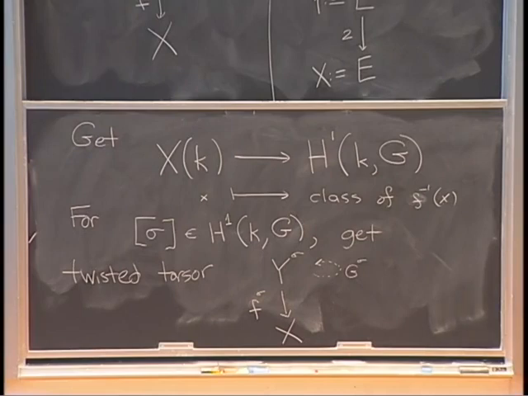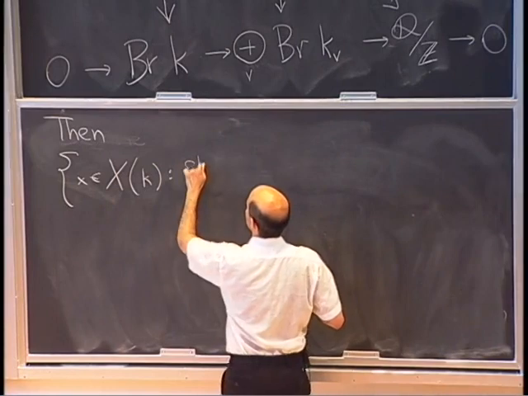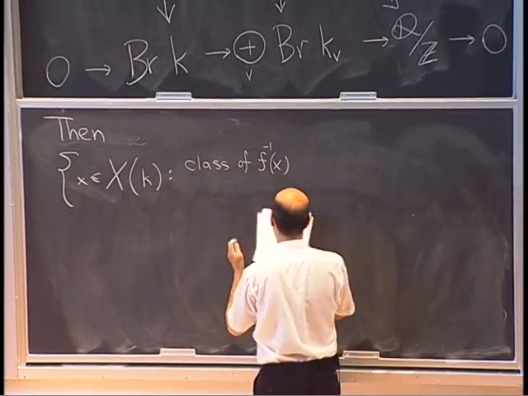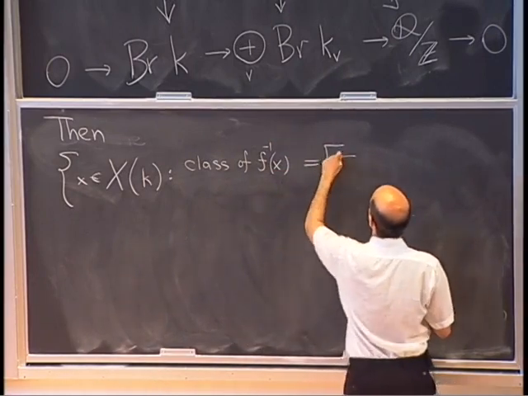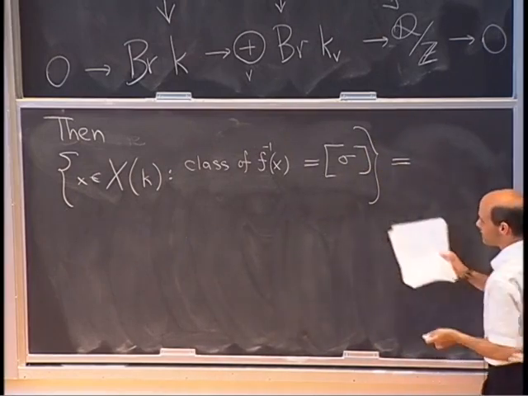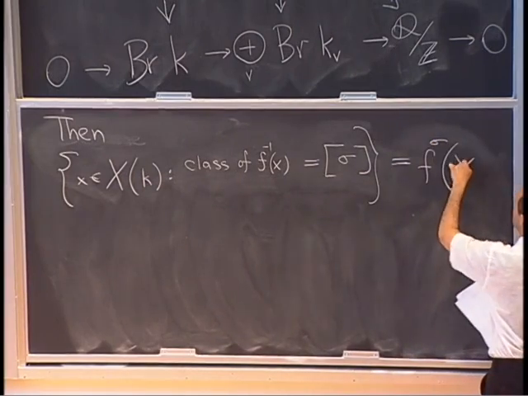All right, so what I want to say now is that if I want exactly the set of rational points such that the class of the torsor above it is a particular element, so the class of f of x equals this fixed sigma, then just as in the trivial case where sigma is 1, this is going to be the image of the rational points from this twisted torsor.